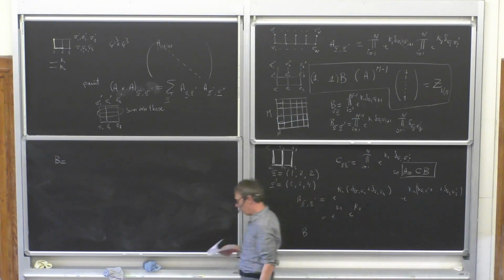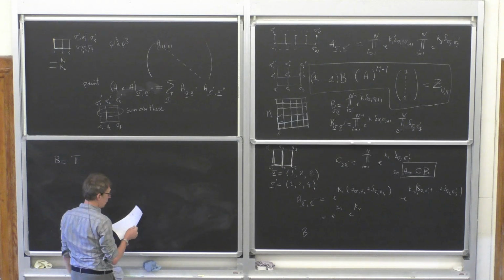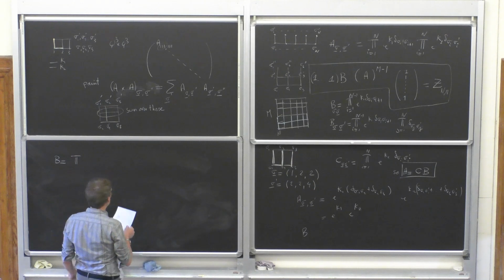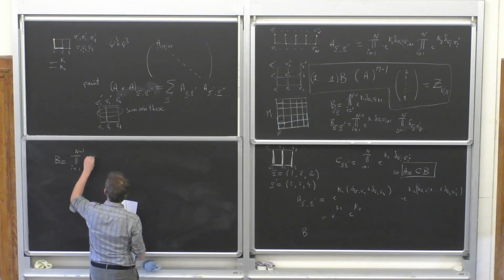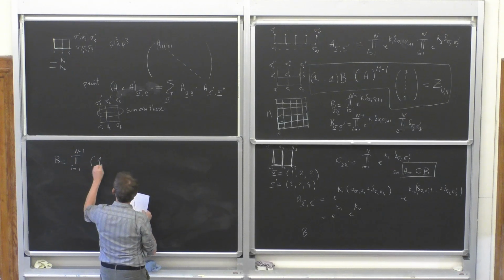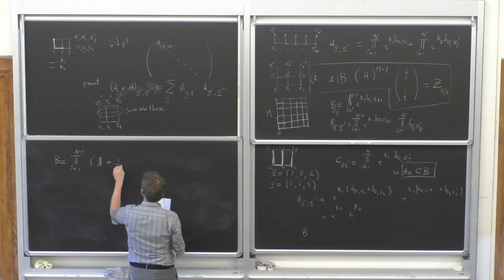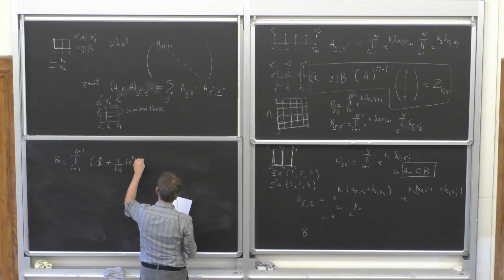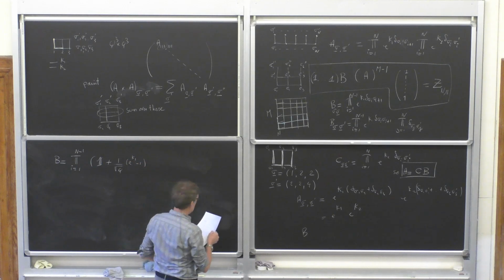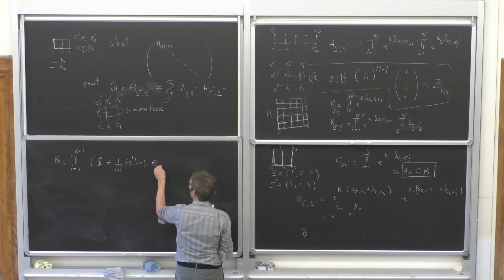So let's write B as the product from i equals 1 to n minus 1 of the identity plus 1 over square root of q times e to the k1 minus 1, times some object I'm going to call E2i.